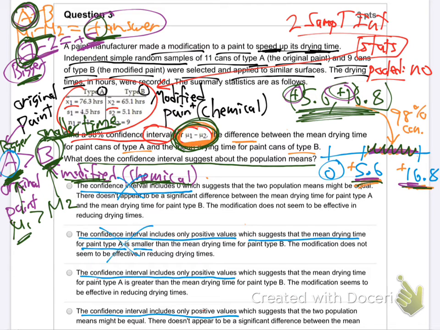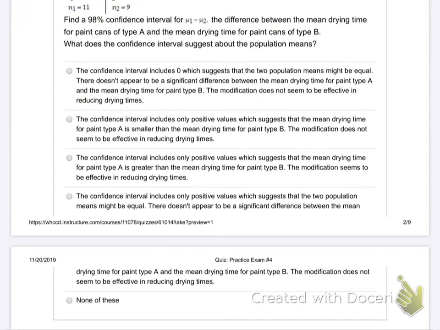Which suggests that the mean drying time for paint A is greater than the drying time for B. The modification seems to be effective. Yes. The other one says doesn't appear to be effective, or no difference. That's wrong. So there's our answer. It's effective. It reduces drying time. B, the modified chemical, is coming out smaller. So it's working. There we go.